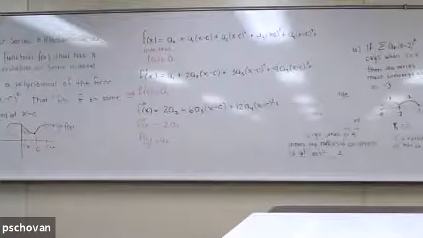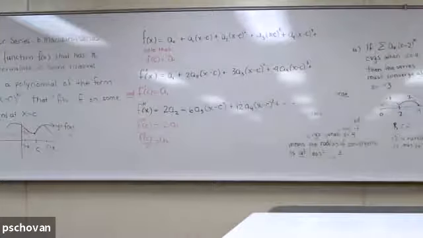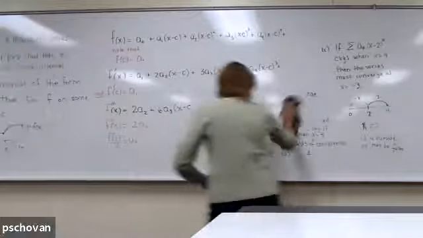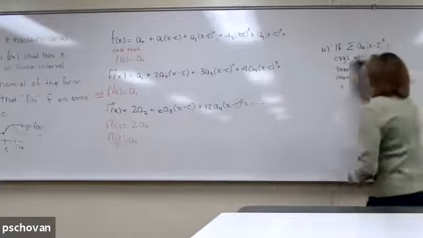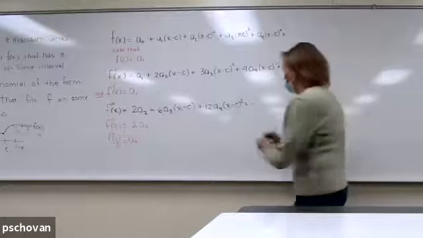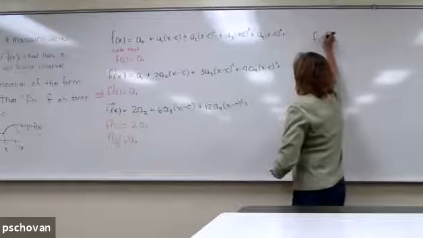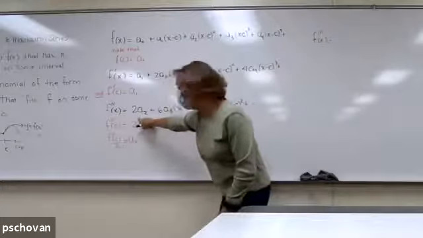Let's do one more derivative, for f triple prime. At any x, the derivative of that will be 0.